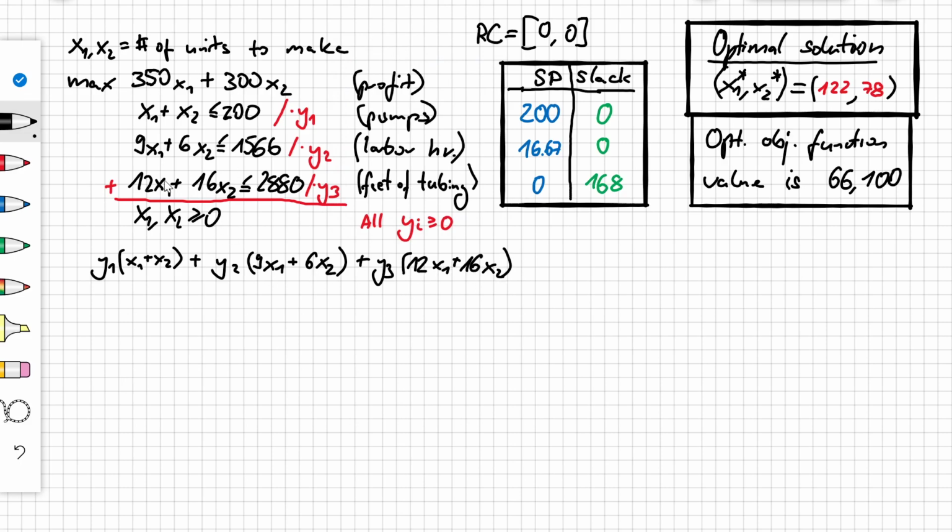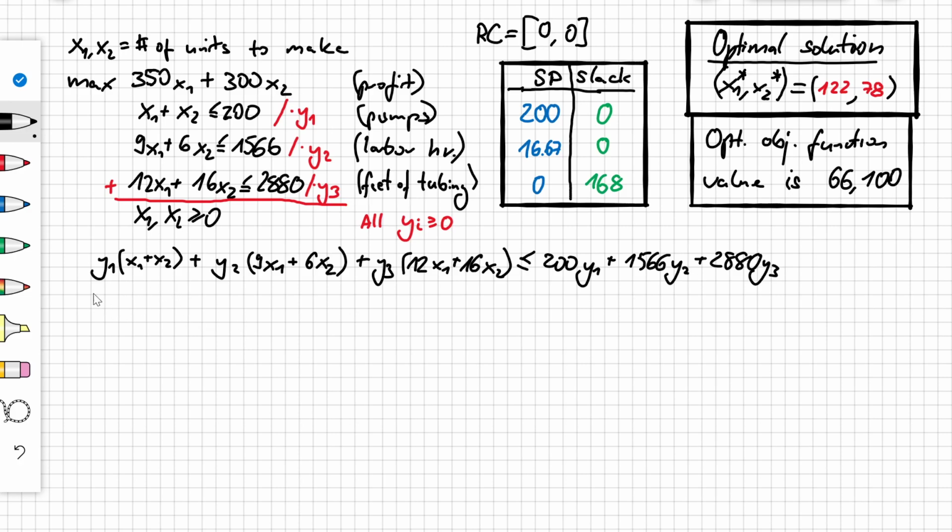That's the summation of the left-hand sides after they were multiplied by those non-negative multipliers. And this has to be less than or equal to 200 times y1 plus 1566 times y2, and from the third constraint, 2880 times y3. I hope it is clear that this should hold if the constraints hold and if the multipliers are greater than or equal to 0.